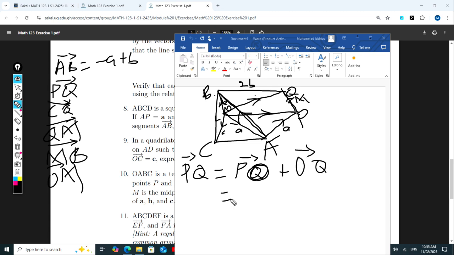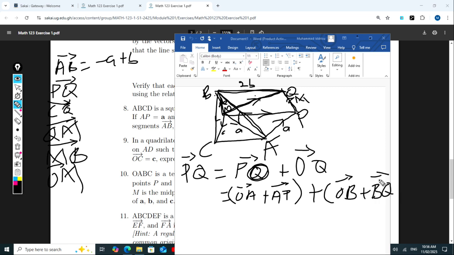So let's find PO. From this triangle, OP will be equal to OA plus AP, using the triangular law of vectors, and OQ will be equal to, considering this triangle for OQ, OB plus BQ.